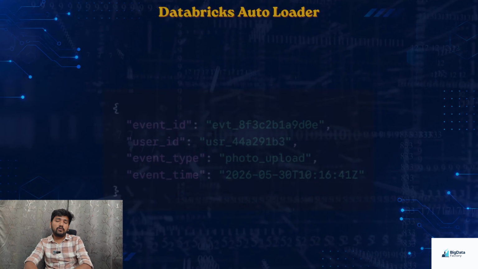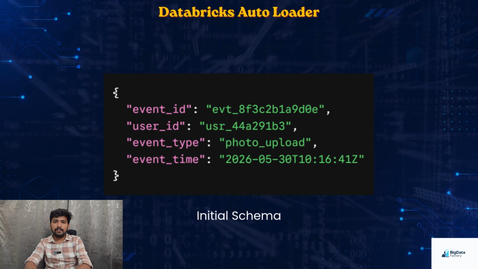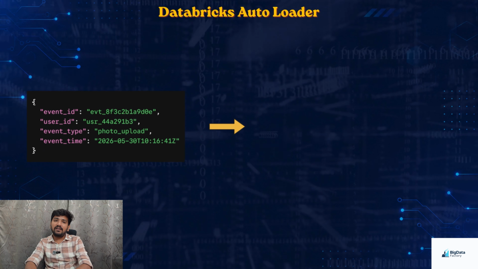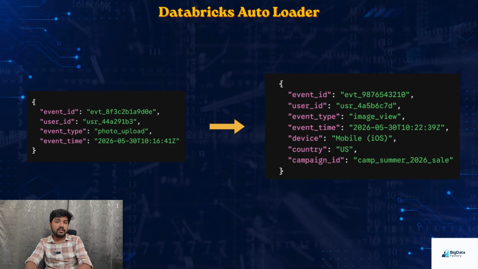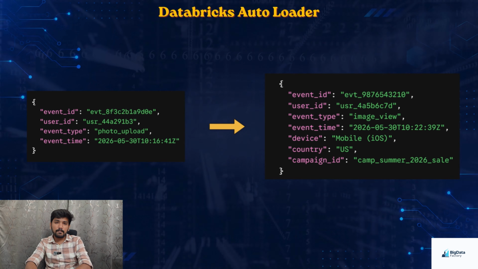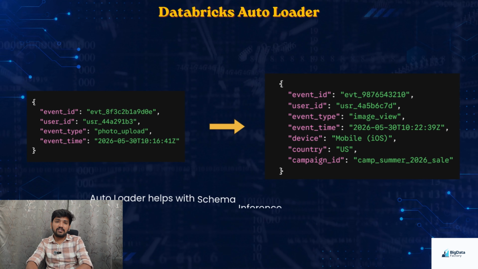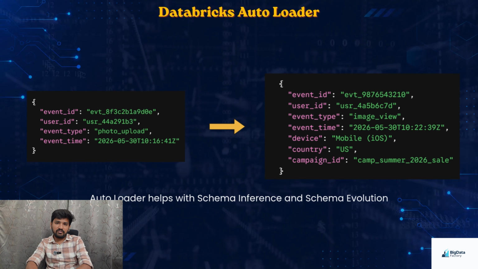Now let's talk briefly about schema evolution. In real projects, source files change. Today, your JSON may have event ID, user ID, event type, and event time. Tomorrow, the source may add device, country, campaign ID. If your ingestion pipeline is not designed properly, this can break your job, or silently it can create messy data. Autoloader helps with schema inference and schema evolution when cloudFiles.schemaLocation is configured.